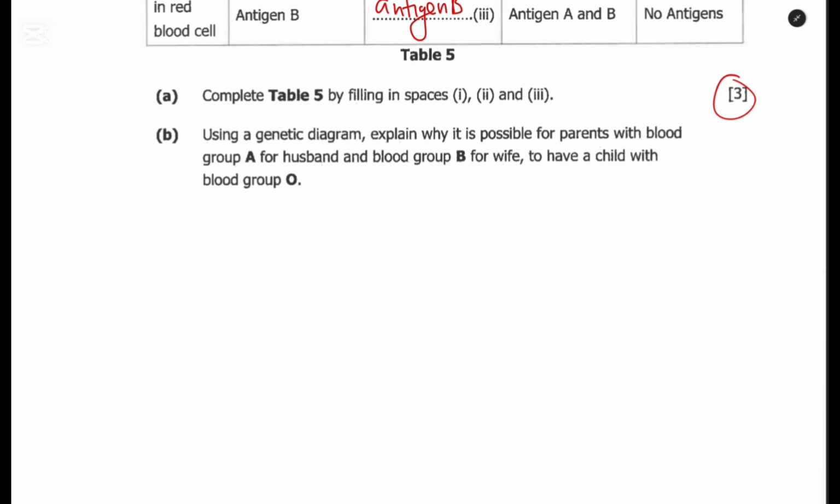So blood group O is recessive. Therefore, to be expressed, you need both alleles to be O. So this can only be possible if the person with blood group A has the alleles A and O, and also the one with blood group B has B, O. In other words, AO and BO.